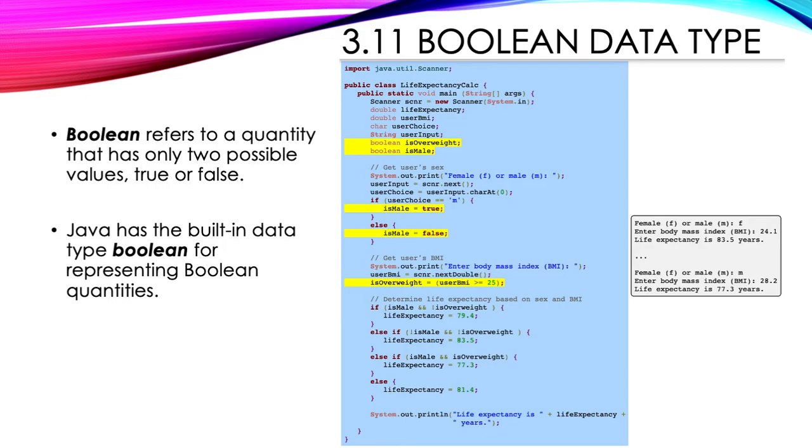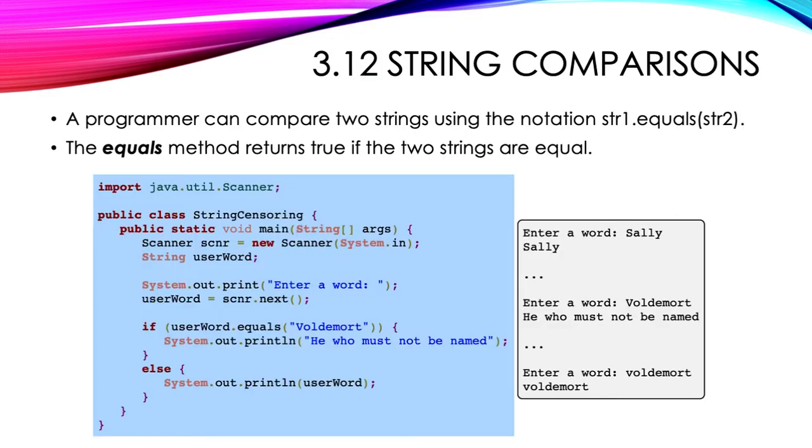Next, we have string comparison. So basically, a string, as we all know, is like a word. You can compare the word with reference to the string that you have in the program. In this case, they say enter a word. Sally. So here you enter the word Sally, it will scan. In this case, there's an if statement.